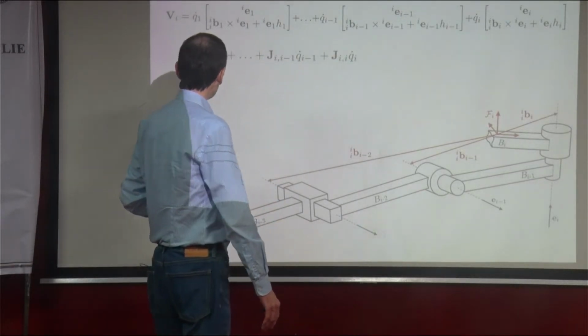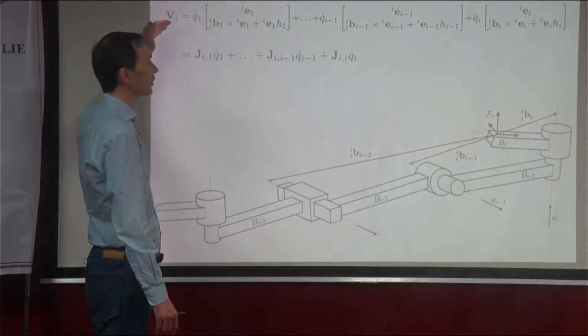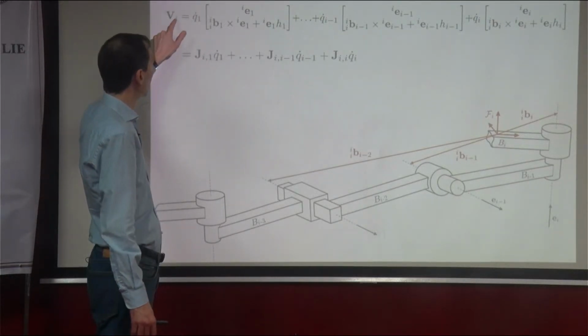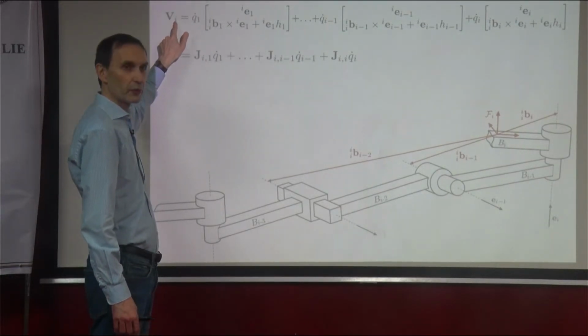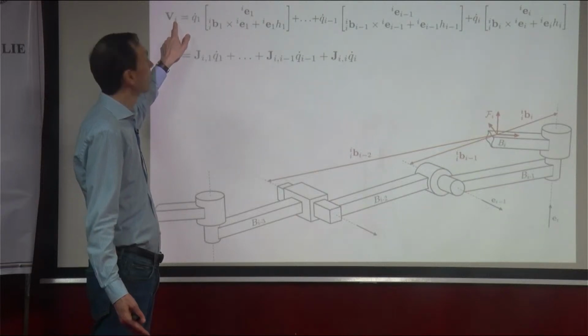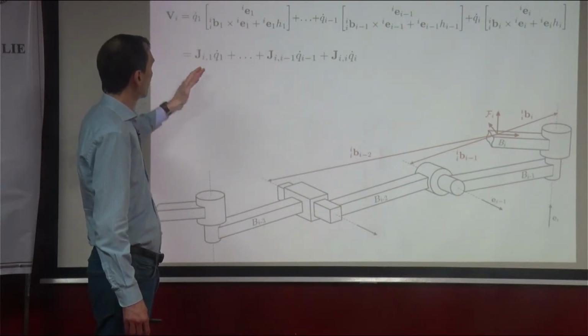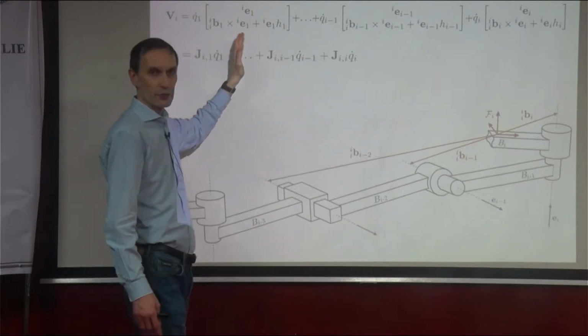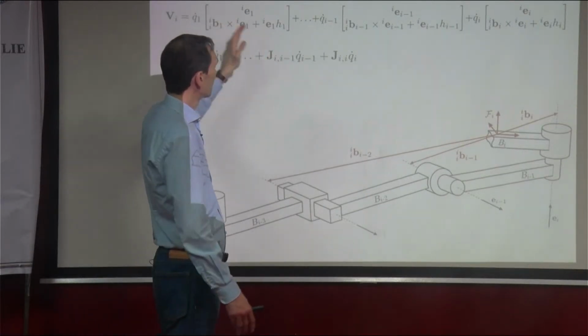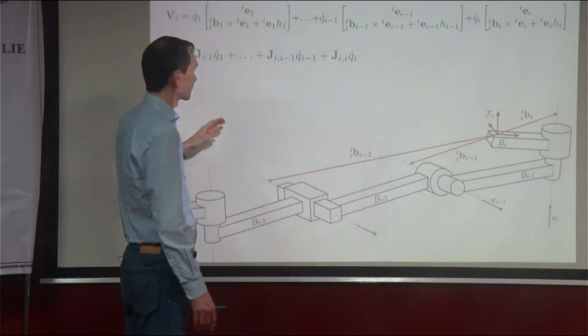So we have two indices. One is the body to which we are referring, of which we are getting the twist, which is i. But each of the columns, of course, refers to a joint: this is joint 1, joint 2, and so on.